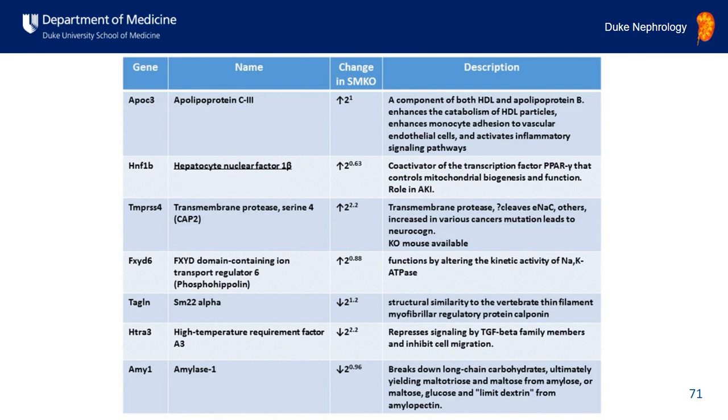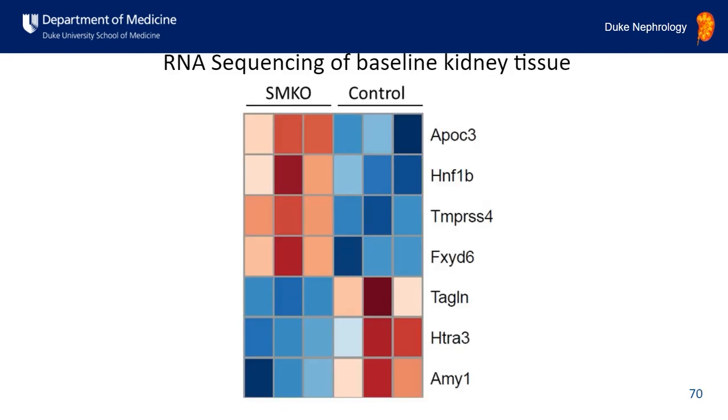The other thing I'll say is all this is with baseline samples and not with angiotensin 2. And you also can see that these mice, the knock-in for SM22 is called transgelin, and you can see that the transgelin is lower in these mice, again showing that the knockout was really working.